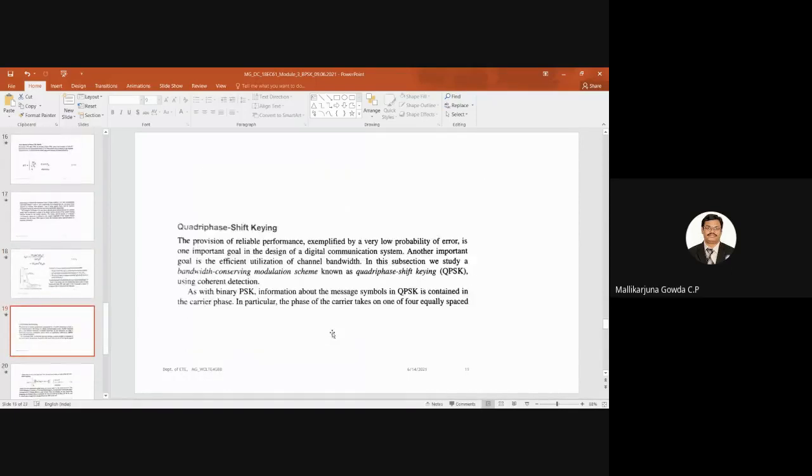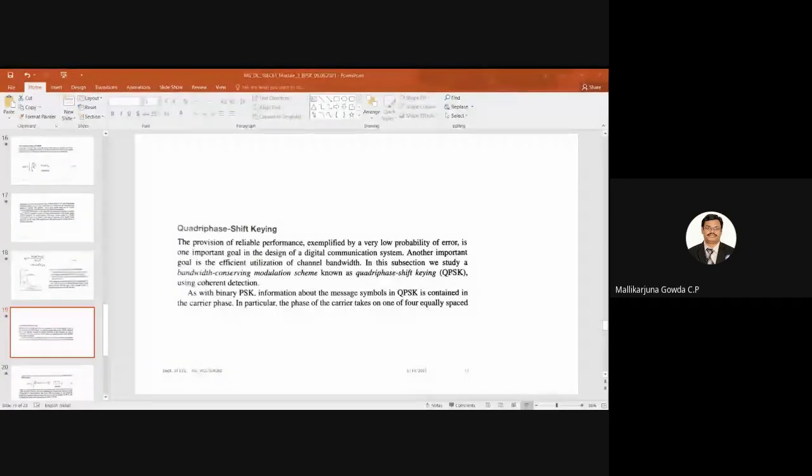That is the quadrature phase shift keying, QPSK. If you have any questions, you can ask. Please be open because these topics are important, and you are conducting lab also about all these modulation techniques, right? And you are going to verify the average probability of symbol error also.